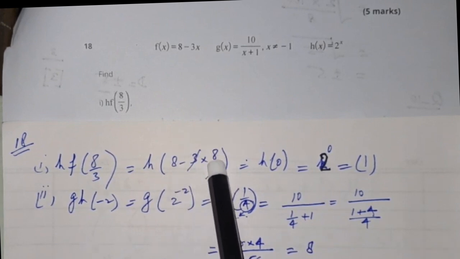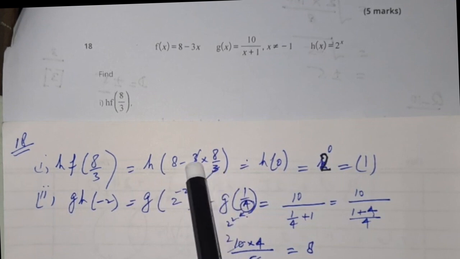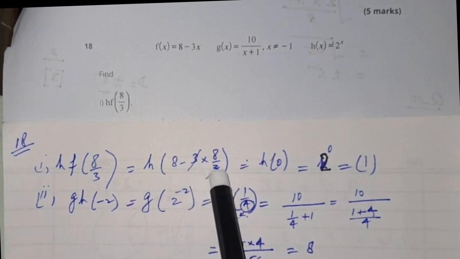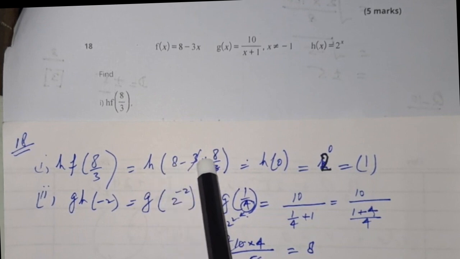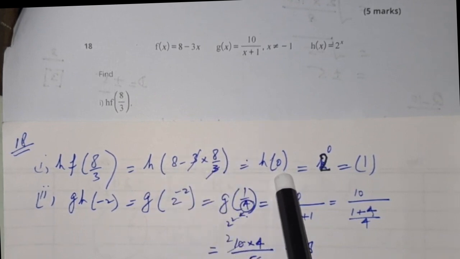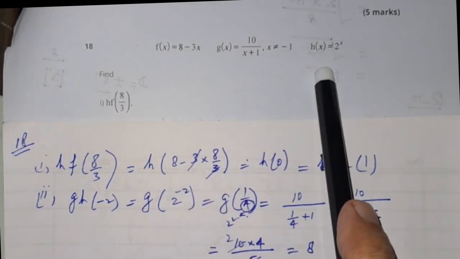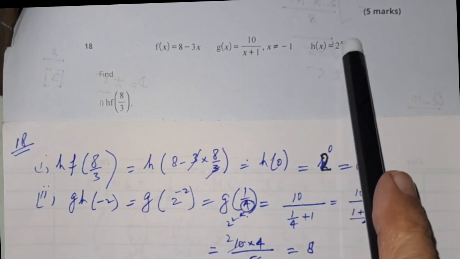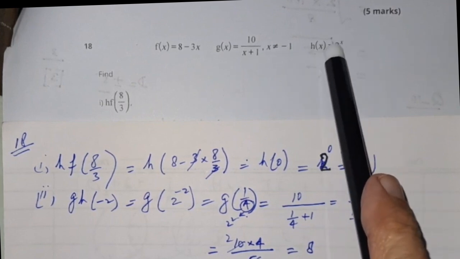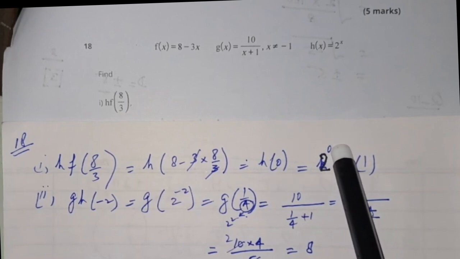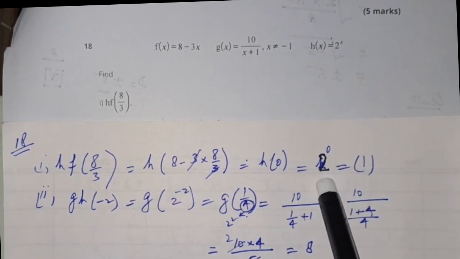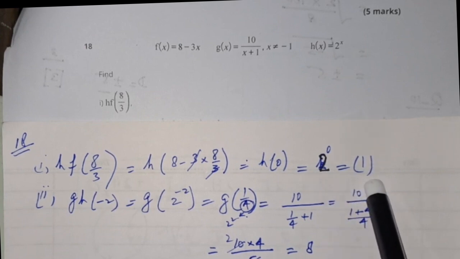This 8 over 3 is in place of x. 3 and 3 get cancelled. We get h of 8 minus 8, which is h of 0. So for h(x) equal to 2 power x, we place 0 in place of x, and anything raised to the power 0 is 1, so the answer is 1 for part 1.